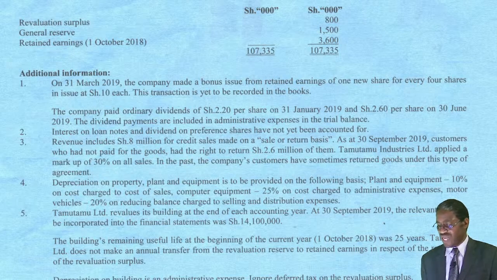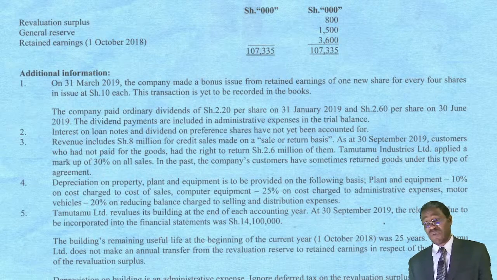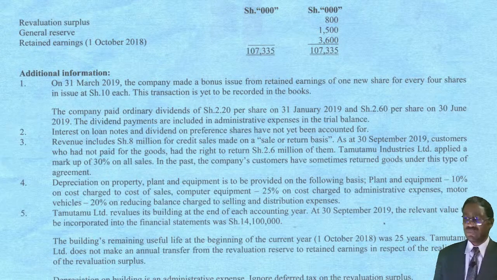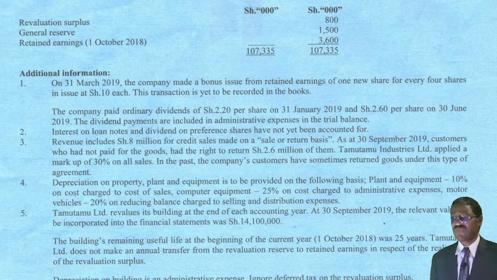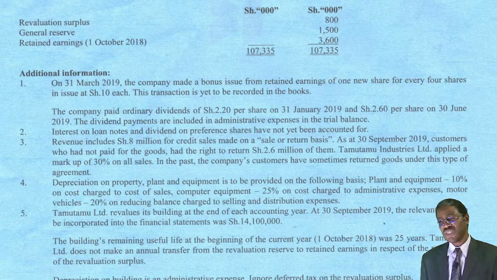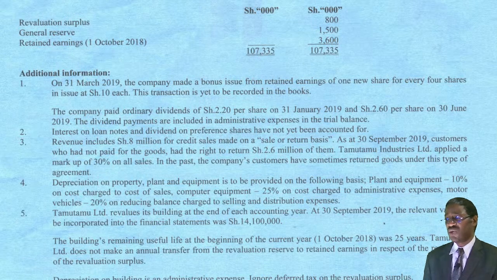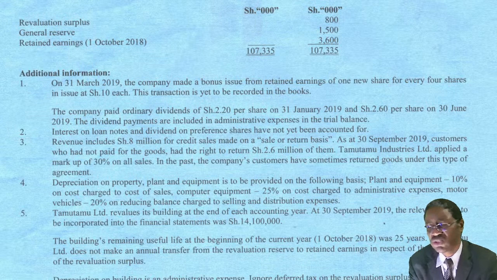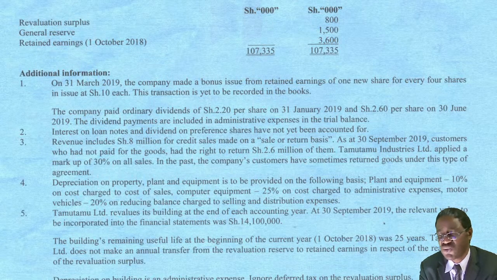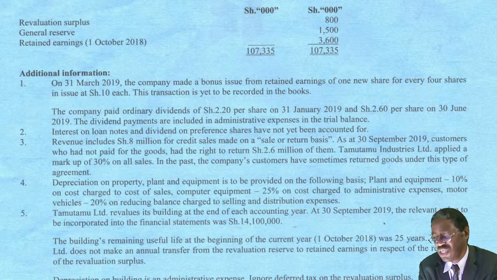I talked about that note last time. I remember we read it, but just for the sake of the new students, let me repeat it. I explain it first before we put down the workings. We are told on 31st March 2019, the company made a bonus issue. And I hope everyone knows, we say bonus shares or bonus issue are extra shares given to existing shareholders free of charge.